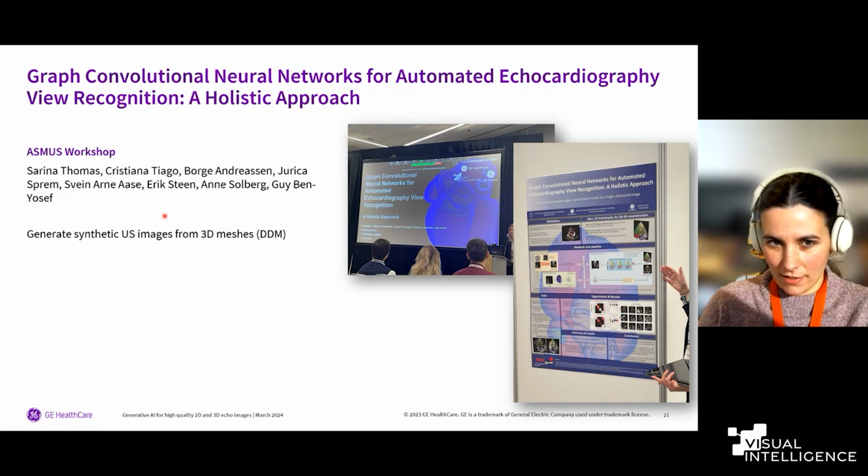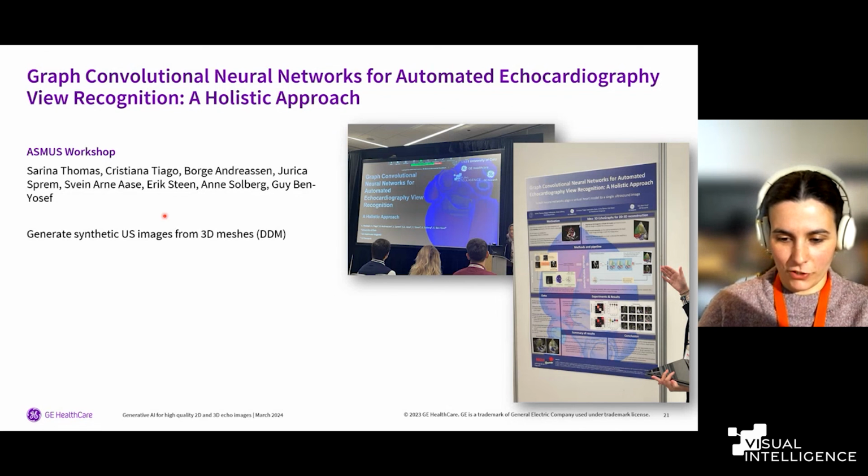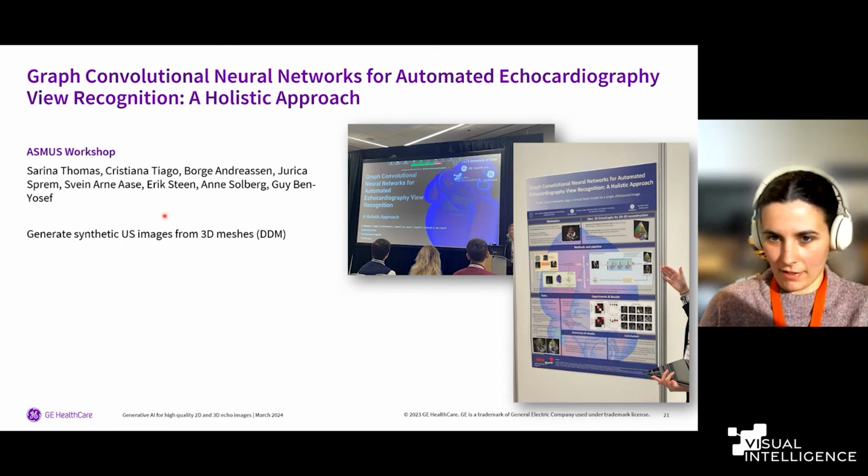So I'm generating 2D frames of synthetic echo images, and a lot of different views are included. In this case, so far I've shown you the condition was always just the left ventricle, or the left ventricle and two other structures like the left atrium and the myocardium.